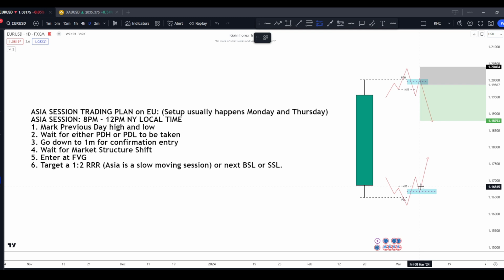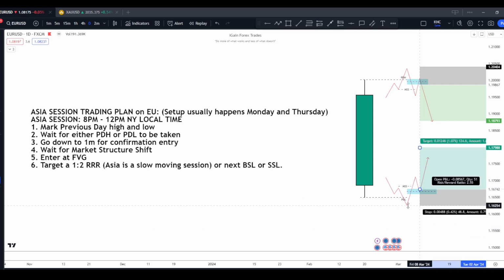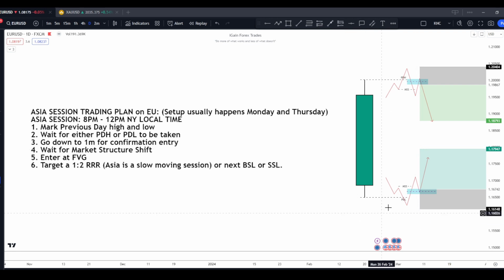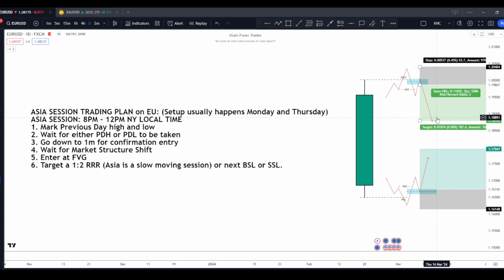So we enter a long position at the FVG, and then our stop loss below the swing low, then targeting a 1:2. If we have some buy side or sell side liquidity here, we can target that one also.